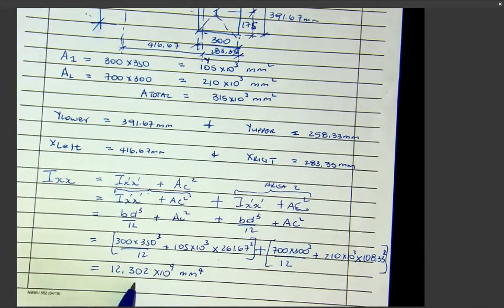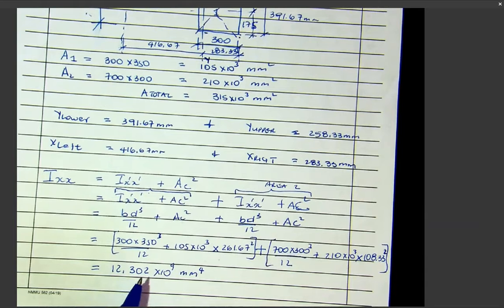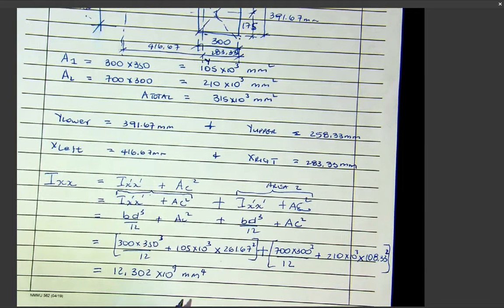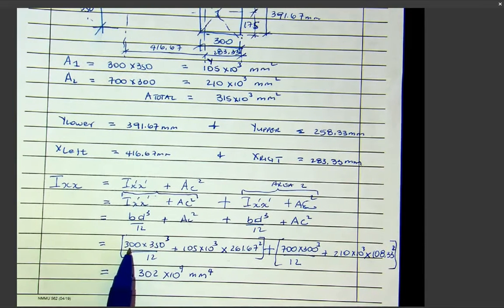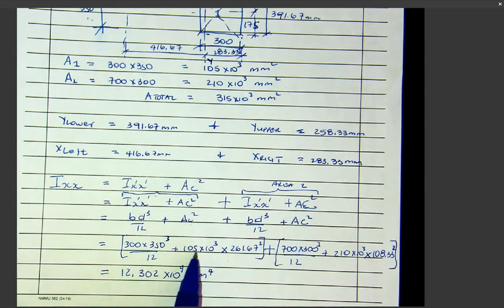This one is the magnitude, and then the units is that. You can see here, this is millimeter to the power 3. This is millimeter. So millimeter to the power 3 times a millimeter will give you millimeters to the power 4. Even if you look at this one, this is an area in millimeters squared. This one is a distance, but I'm squaring that distance, so it's going to be in millimeters squared.